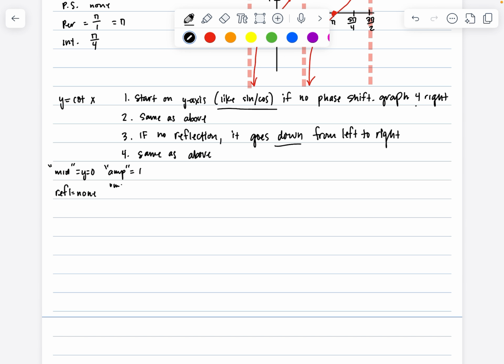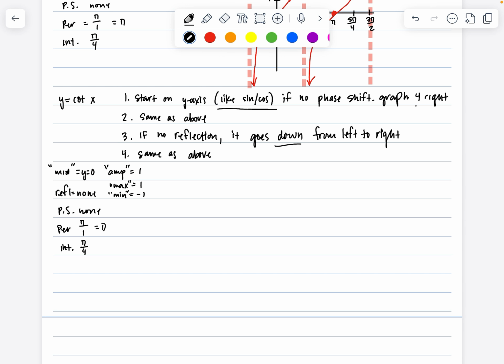Fake max is 1. Fake minimum is -1. Phase shift, none. Period is pi over 1, which is just pi. And then interval length is pi over 4.